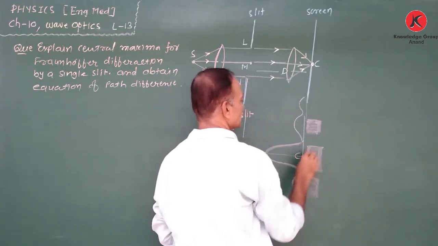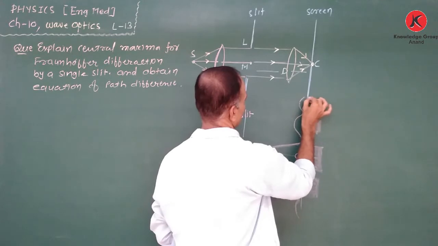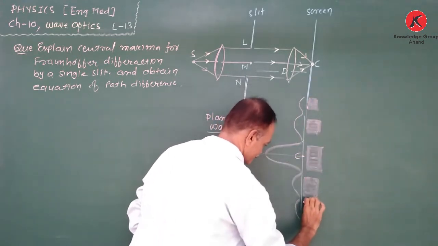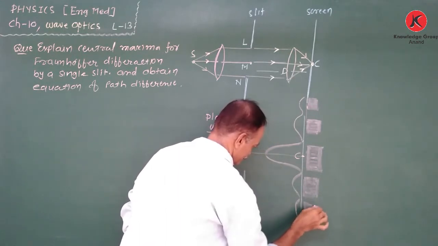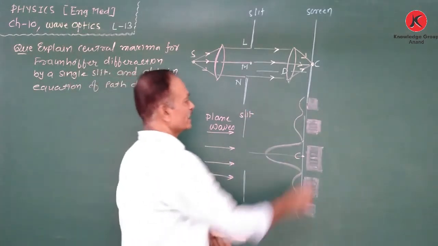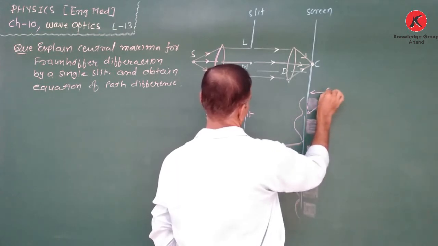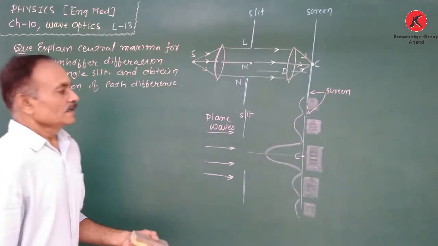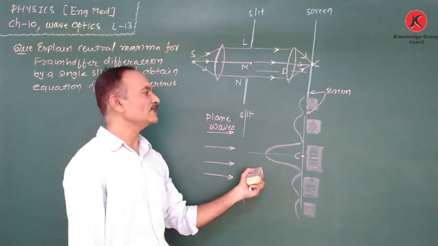After that, on either side of the central maxima, the second order maxima is obtained. So these are the fringes obtained on the screen. That is the fringe pattern in Fraunhofer diffraction by a single slit.